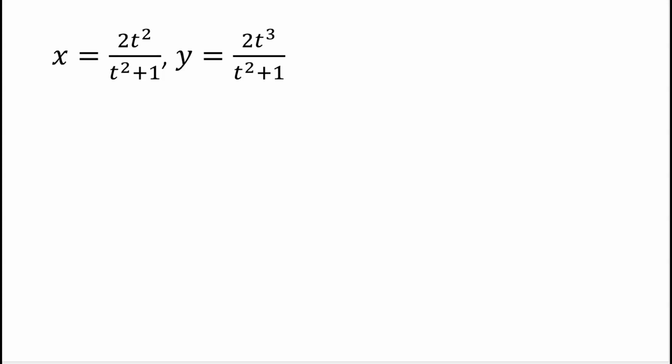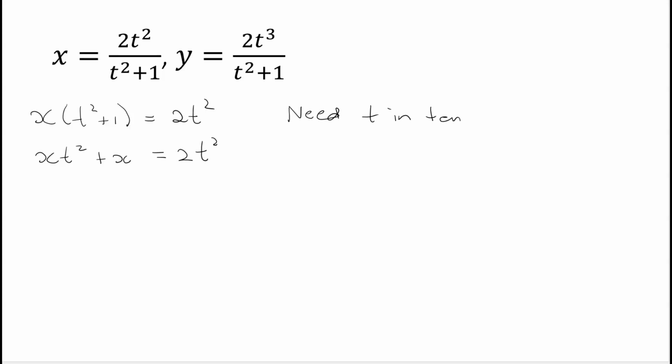So if we start off with x, then just cross multiplying, and then getting rid of your bracket, because what I need is I need t, because if I write t in terms of x, then I can put that into the y version and play around with it, and I'll get y nicely in terms of x.